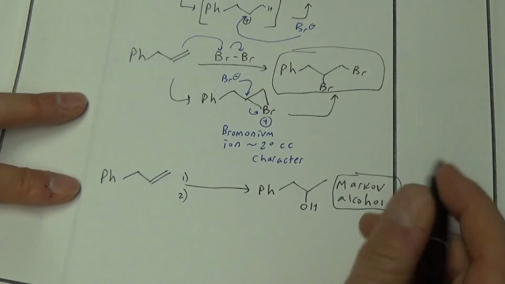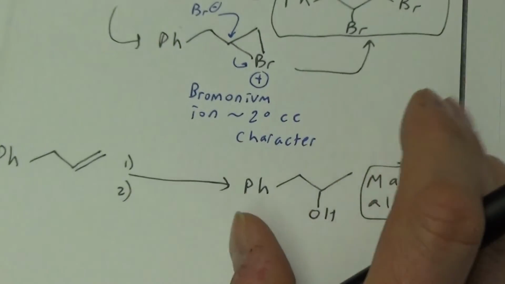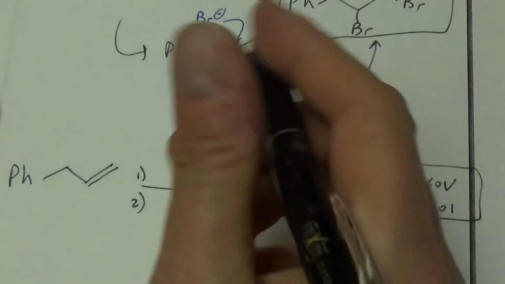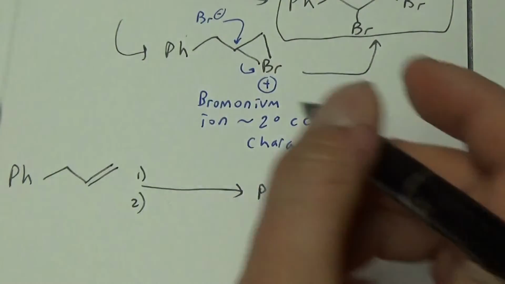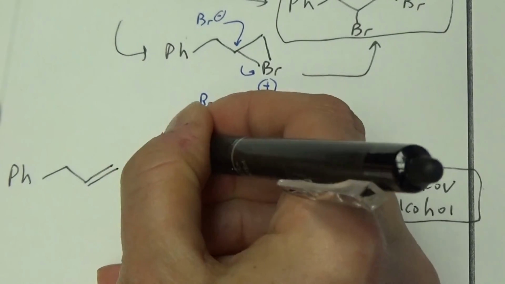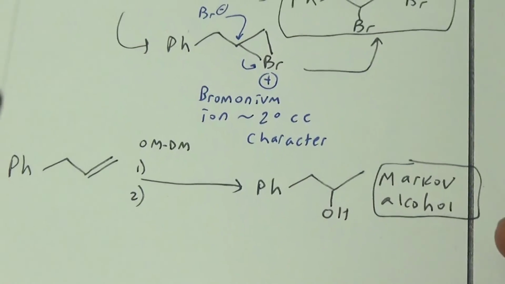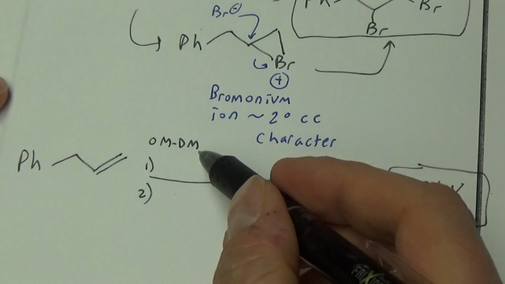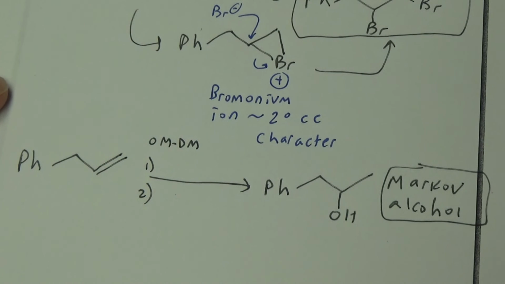Is it a metal, maybe a funny metal? And it is. And this is the reaction I call OMDM, which is oxymercuration-demercuration. So it's a mercury-based reaction.